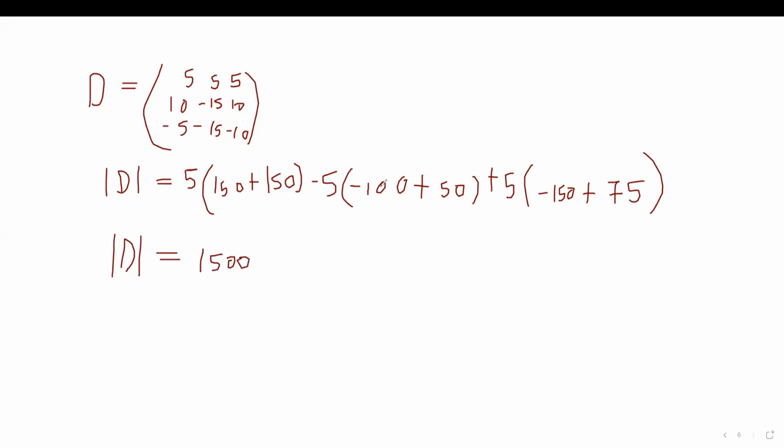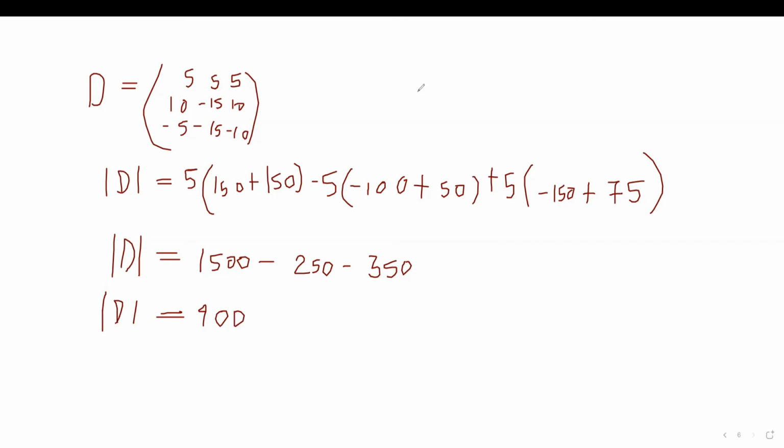This is now minus 50 times 5, that's minus 250. Then we have minus 75 times 5, and I think that's minus 350. That's going to be minus 600. Minus 600 from 1500, you get 900. That's the determinant of D, 900.